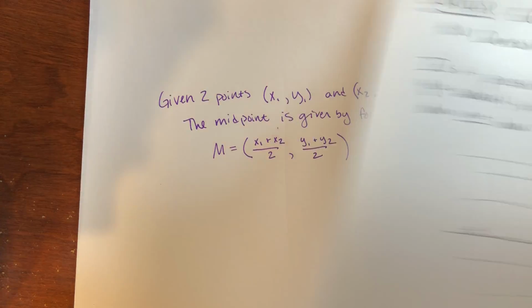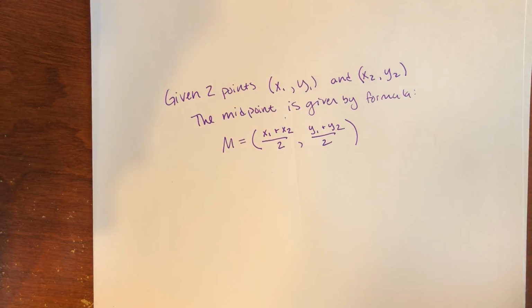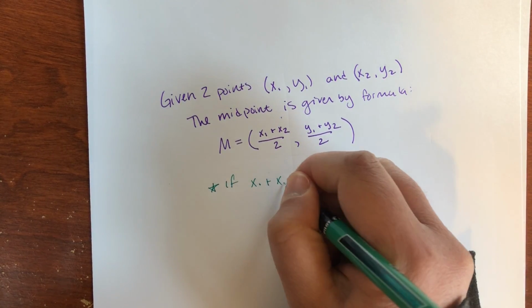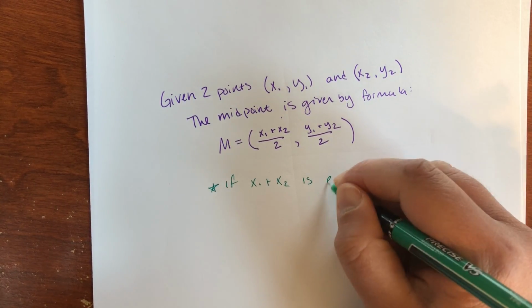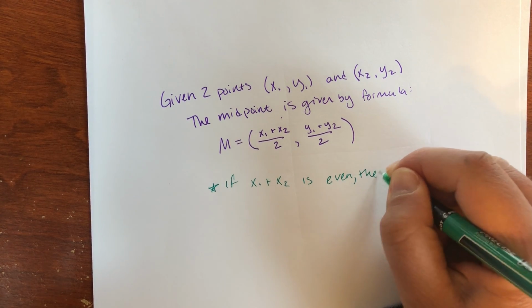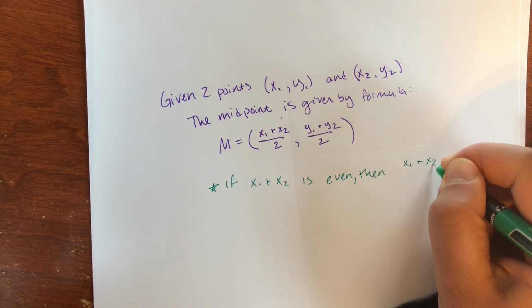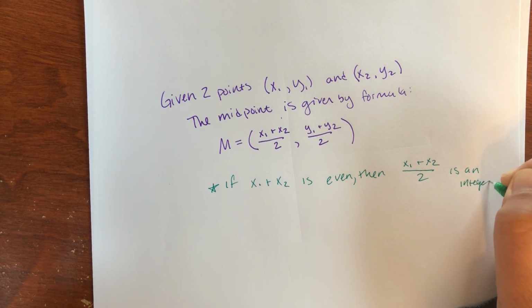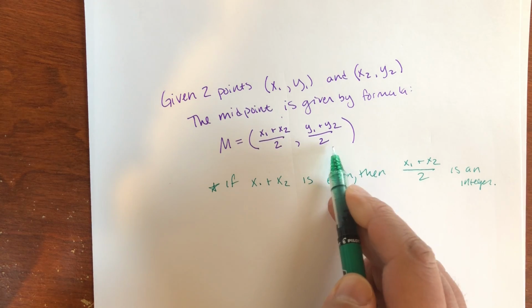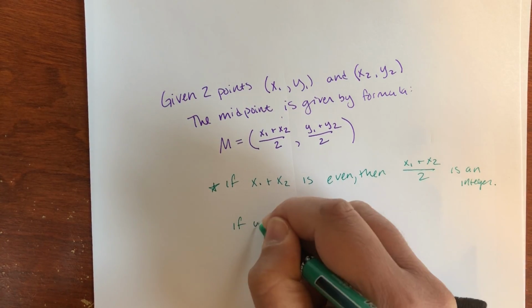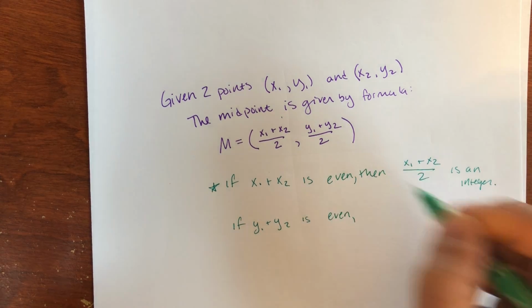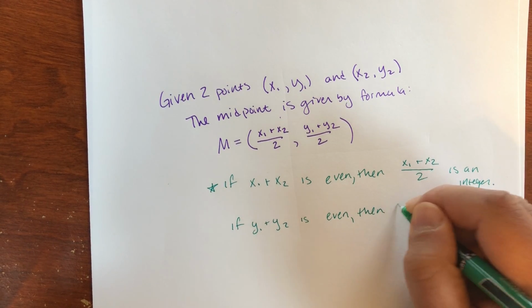Okay, and so what we need to consider here is the fact that if x1 plus x2 is even, then x1 plus x2 divided by 2 is an integer. And the same thing is going to be true for the y coordinate. If y1 plus y2 is even, then that second y coordinate will also be an integer.